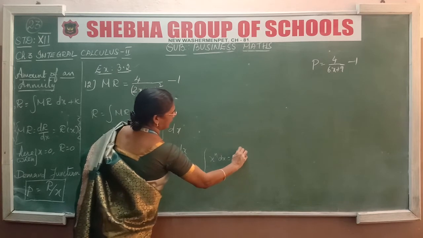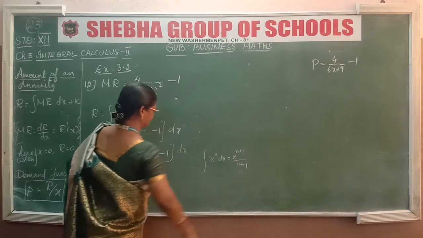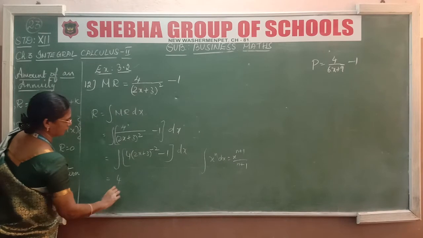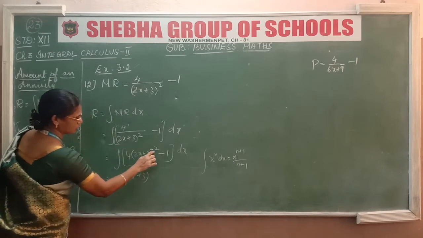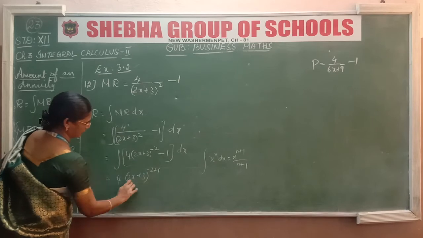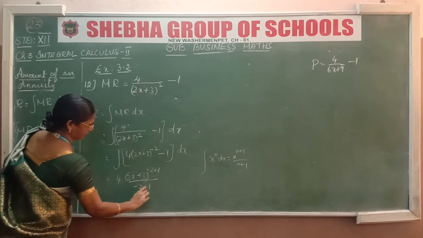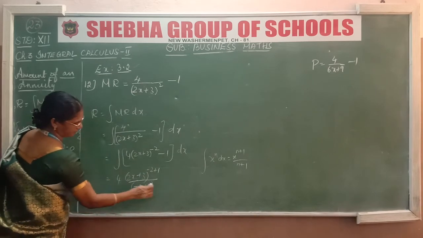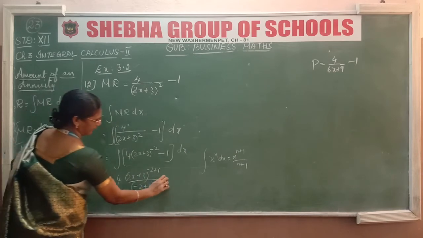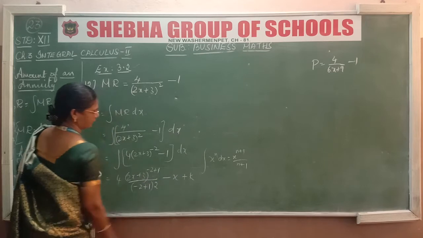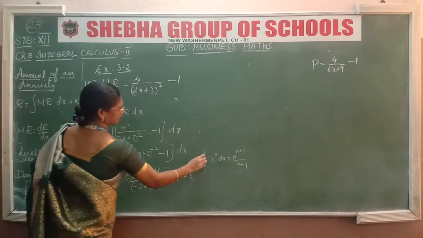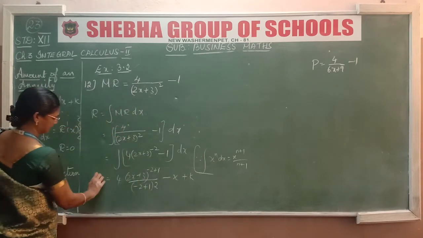X power n plus 1 by n plus 1, isn't it? So the same thing we are using here: (2x plus 3) whole power minus 2 plus 1 by minus 2 plus 1 into the coefficient of x, which is 2, minus 1 is x, plus some constant of integration. Okay, this is our R.